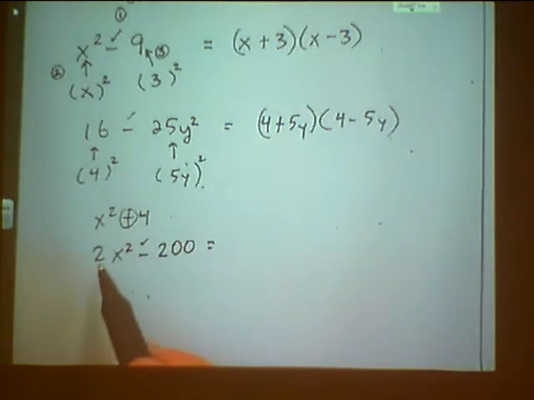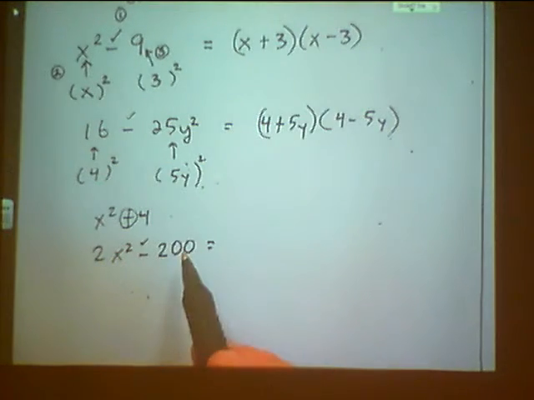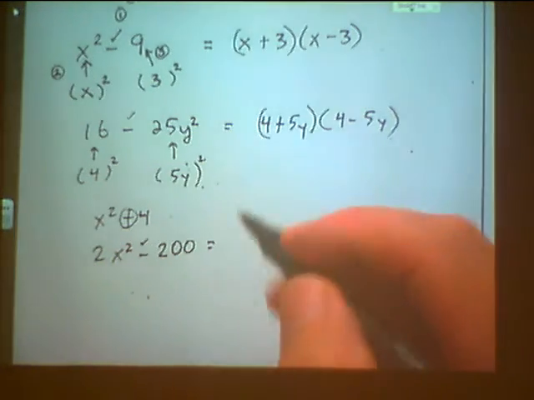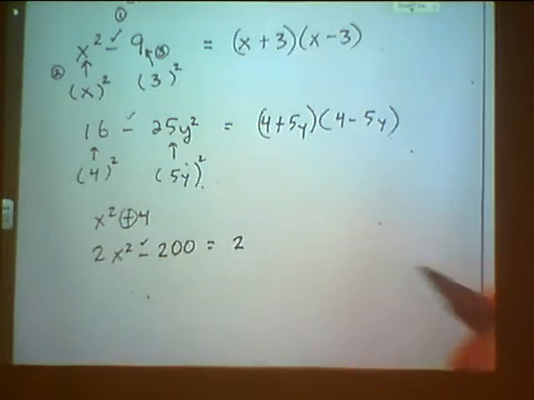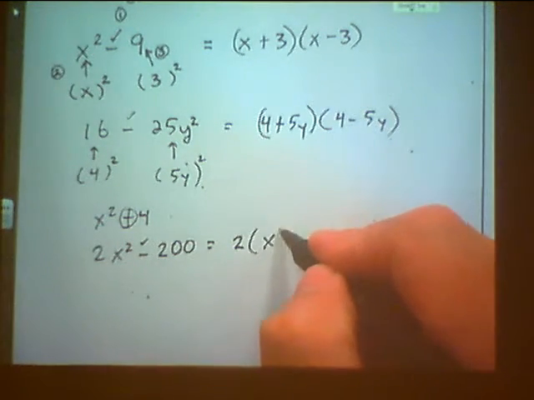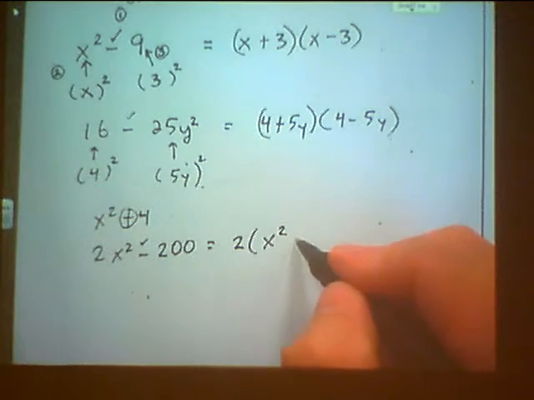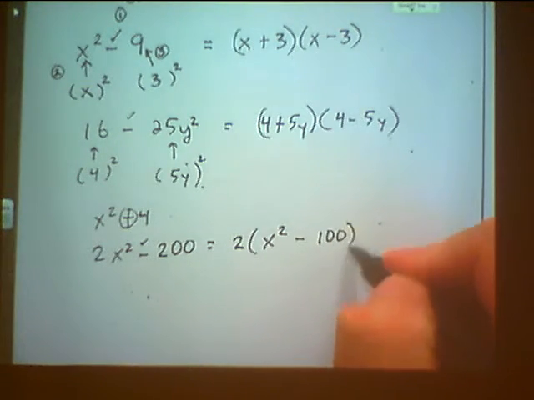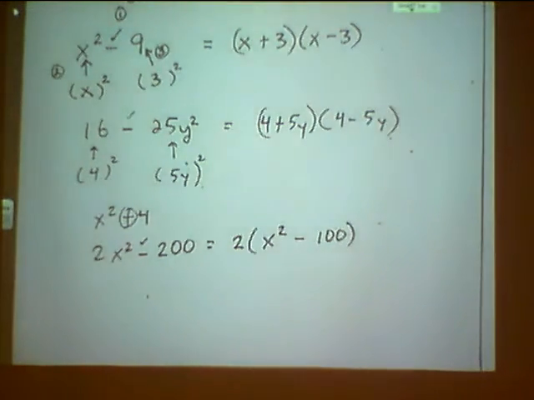If we look here, I've got 2x squared and 200. I've got 2 and 200. There's a GCF of 2, which I can pull out. And then I have x squared minus 100. So once you pull out the GCF, then you look inside the parentheses and see how many terms there are and see if you can factor.